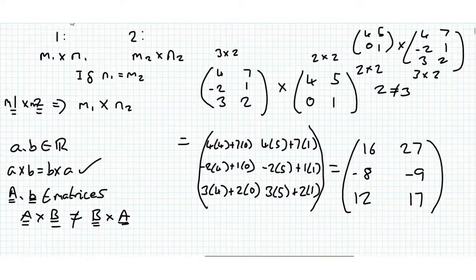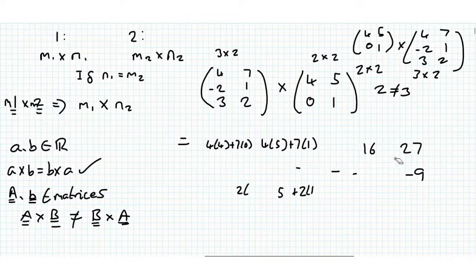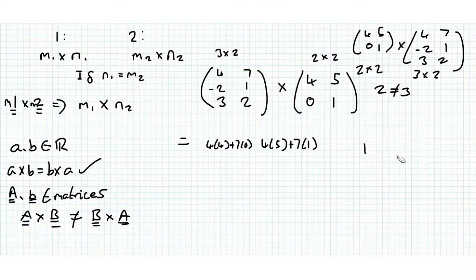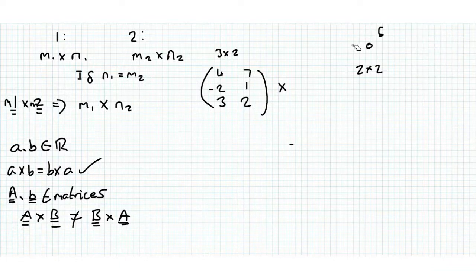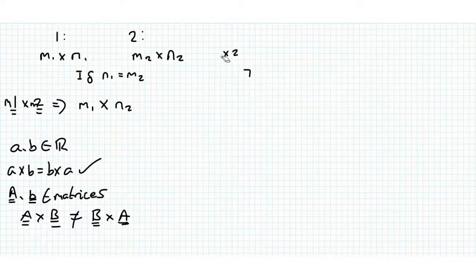We'll do, I think, one more example to finish, where we'll deal with matrices all the same size, just to make it seem a little bit simpler. We'll look at two 2 by 2 matrices.